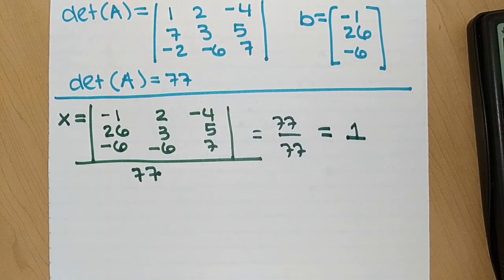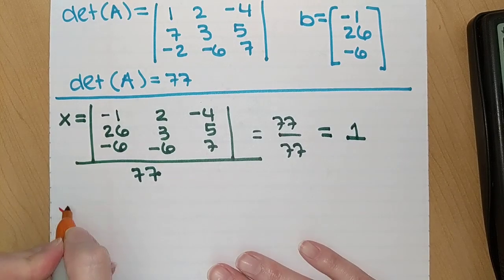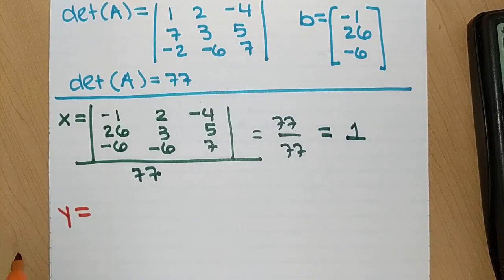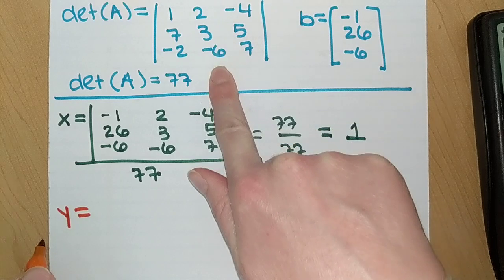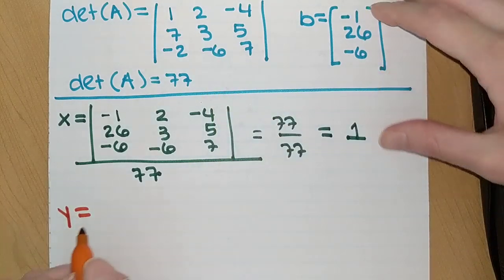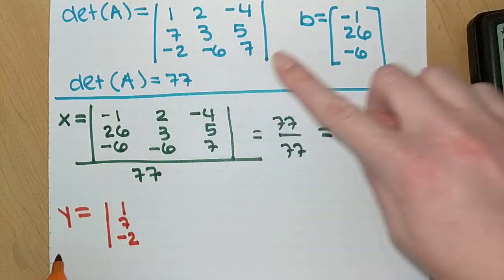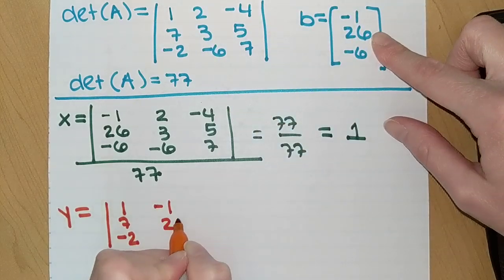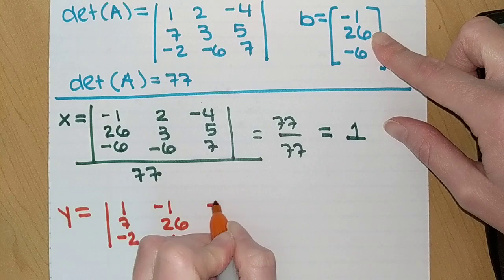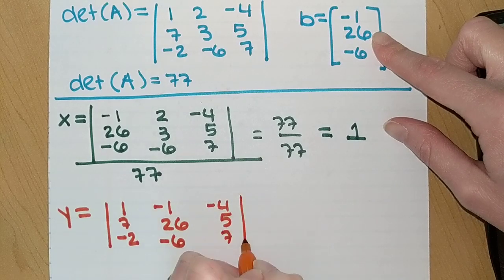Now we also have to repeat this for y and z. Because y is in the second column, what we're going to do is replace the second column with our constant vector. So we'll have 1, 7, -2, second column replaced as -1, 26, -6, -4, 5, and 7.